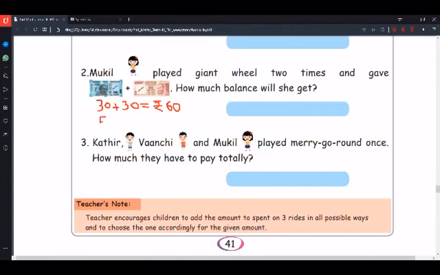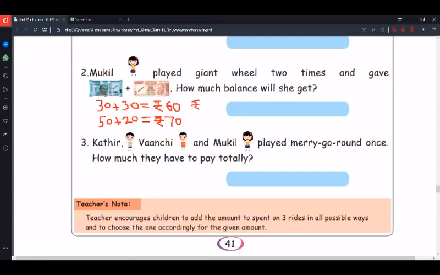What is 50 plus 20? 70 rupees, isn't it? So, rupees 70. Now she played for 60 rupees and gave 70 rupees to the giant wheeler, isn't it? So now we have to subtract 70 minus 60.